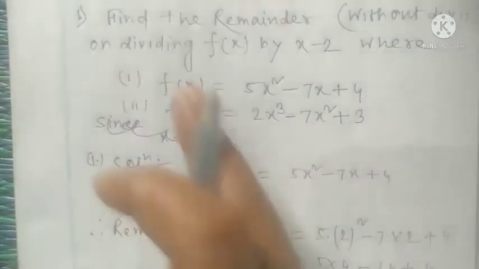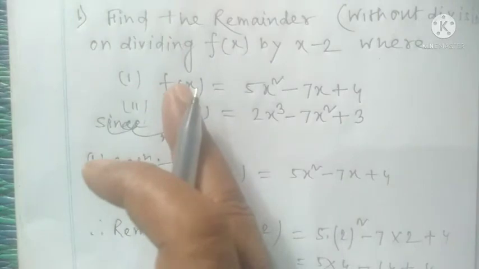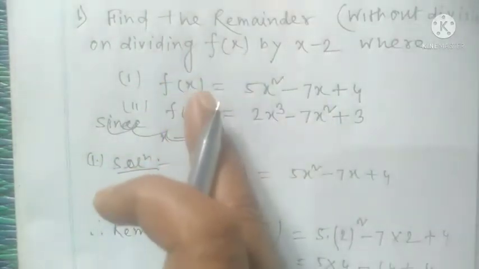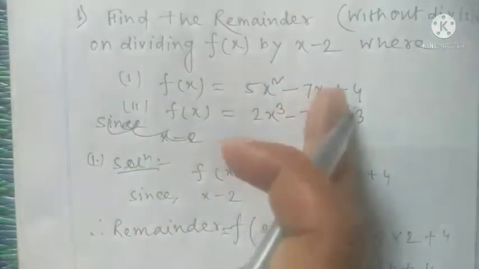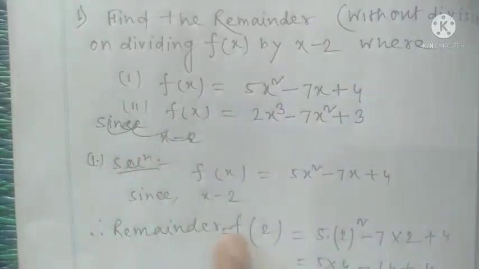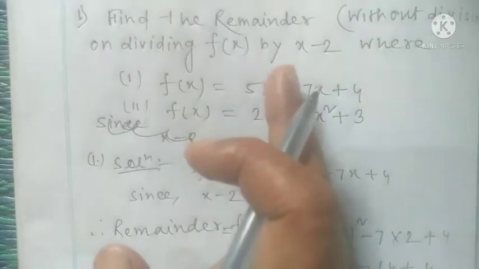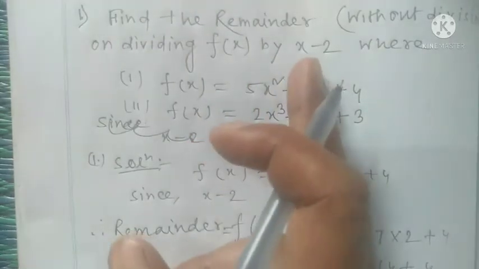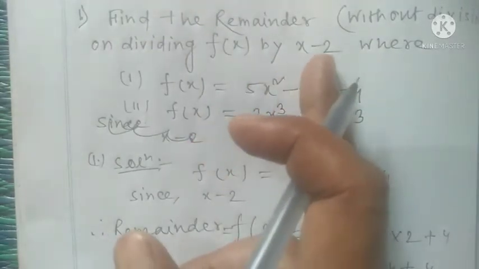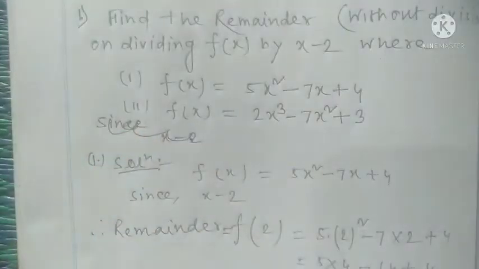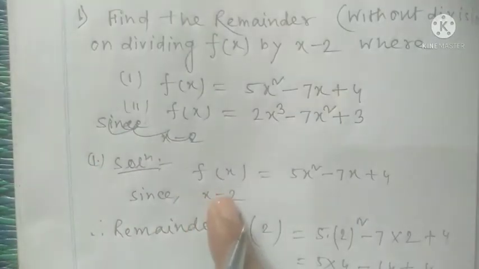First of all, you have to write the function, that means f(x) is 5x square minus 7x plus 3. You have to write it here, and after that determine what the divisor is, that means x minus 2 is the divisor. So you have to write it here.